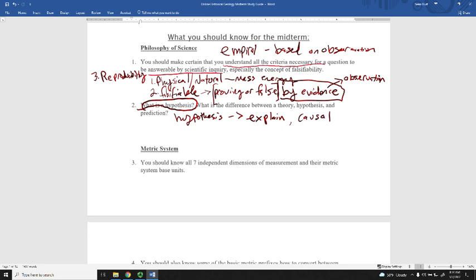Causal means that it's saying, you know, X happens because of Y, right? So we're trying to explain why something happens. Okay, hypotheses always explain why. So you should kind of connect that question why to a hypothesis. So we're trying to explain why something happened. We're trying to explain the causes.